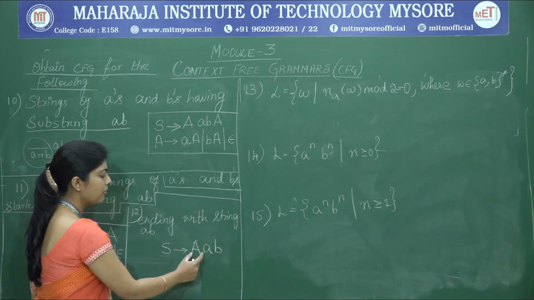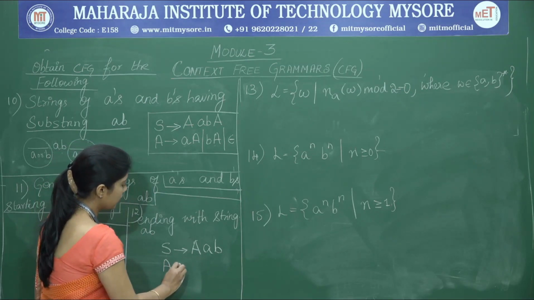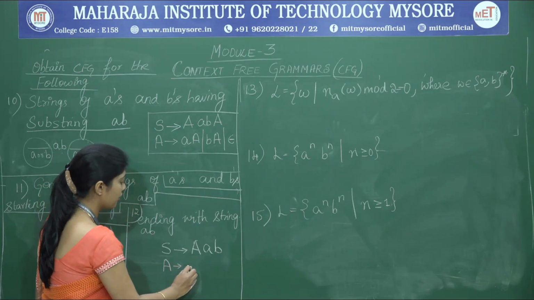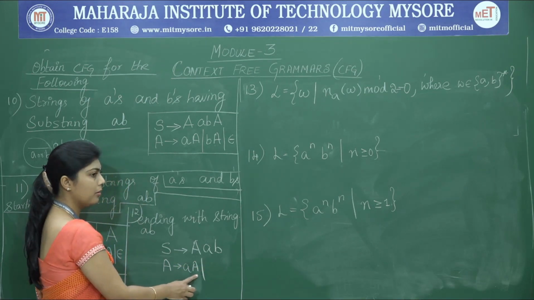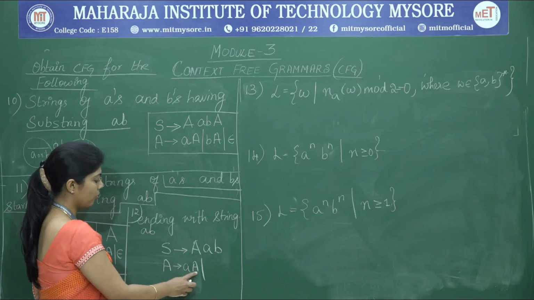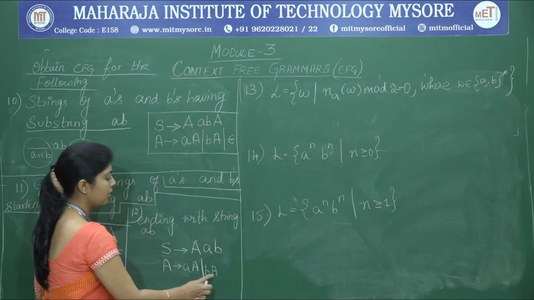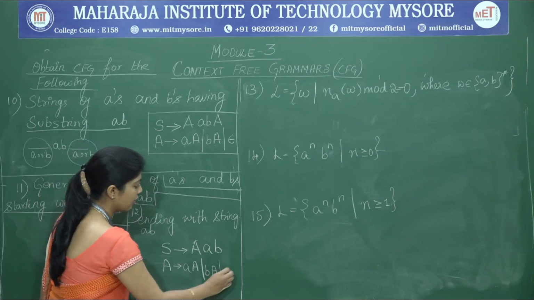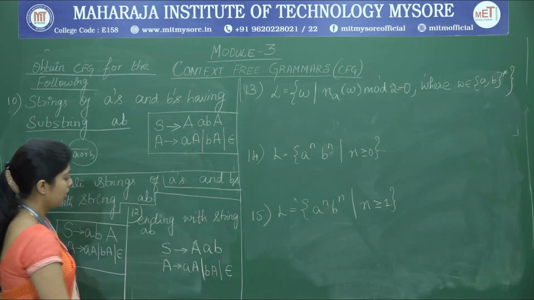So what can be there in place of this A? In place of this A, I may generate any number of A's. So when I say any number, it is one or more in this production. Any number of B's recursively, and there could be nothing at all with epsilon.